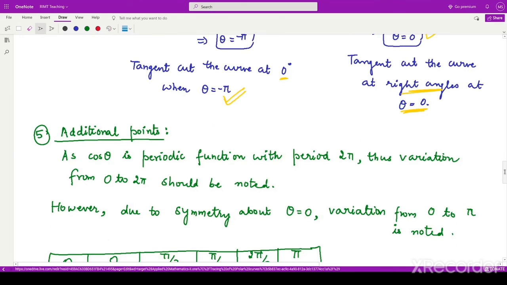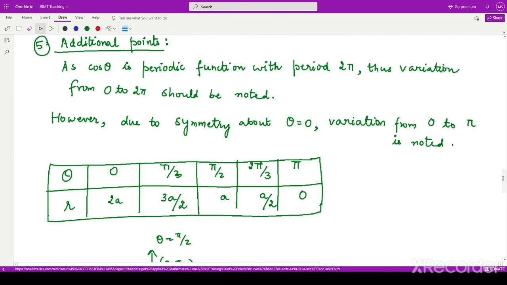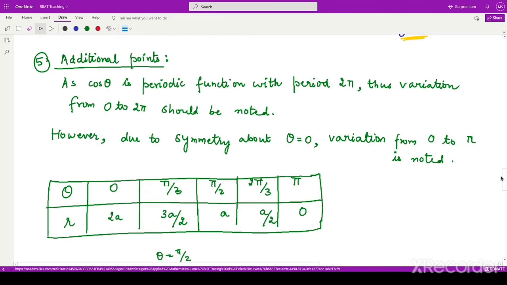Next we will see some more points in order to trace the polar curve. Now, what values of theta should you take in order to have complete information about the graph? This is our coordinate system.